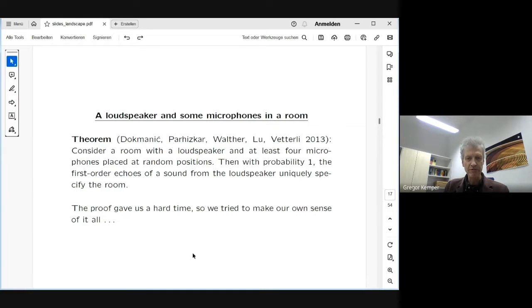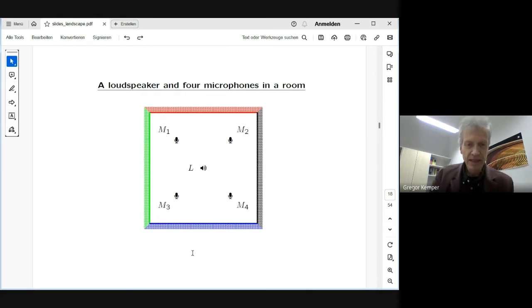What do we have? We have a room with at least 4 microphones and a loudspeaker placed in it. So here's the room and loudspeaker and microphones, as you can see. Now this has lots of symmetry, which is sort of unintended, but I drew the room with these symmetries for ease of drawing. So there's a sound event.